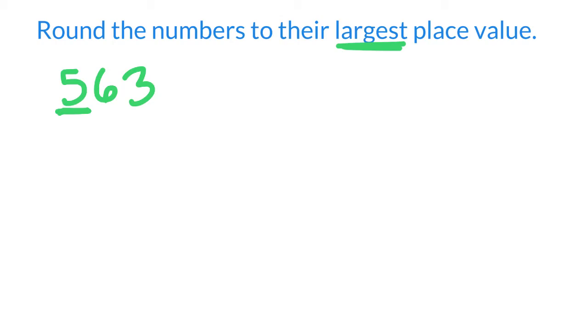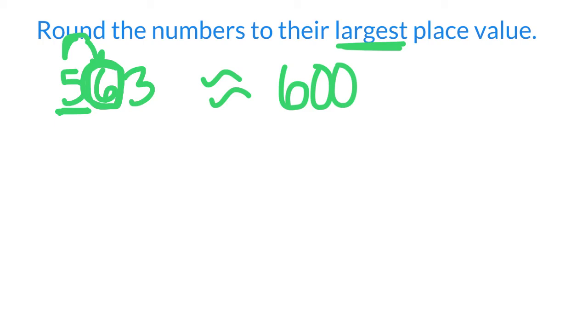You can try to picture the number line in your head, or a shortcut is to look at the place value next door and ask yourself, is this number greater than 5, or equal to or less than 5? Since this number is greater than 5, that tells us we're going to round up. So 563 is closer to 600 than it is to 500.